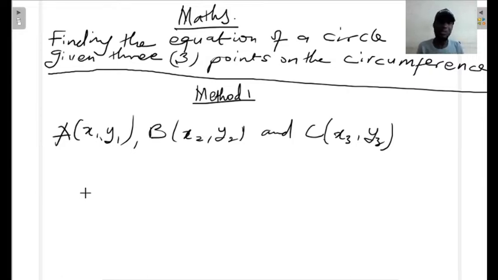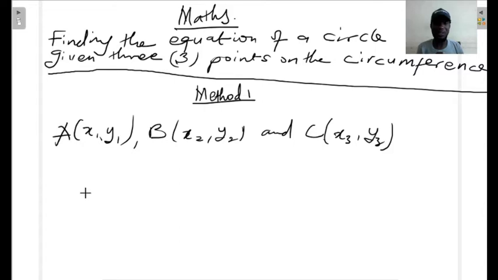So in this case, we are going to substitute the x and y coordinates of each of the points into the general formula to obtain 3 equations in g, f, and c. Then we solve these 3 equations simultaneously to obtain the required equation of the circle. That is just what we are going to do.